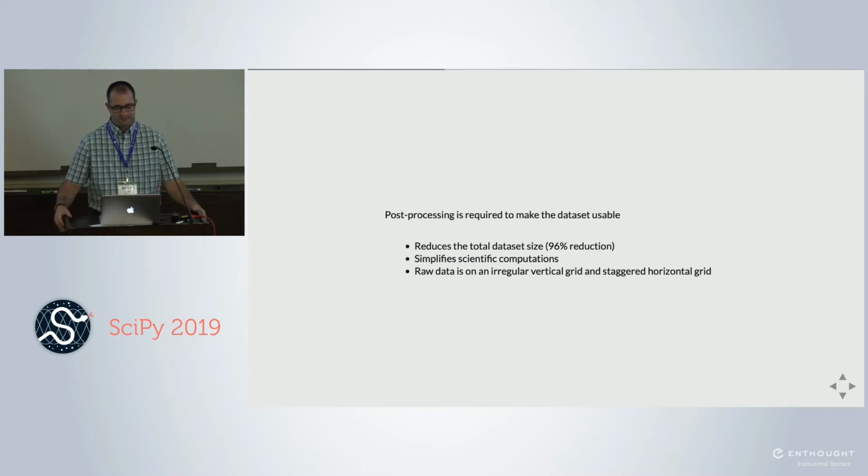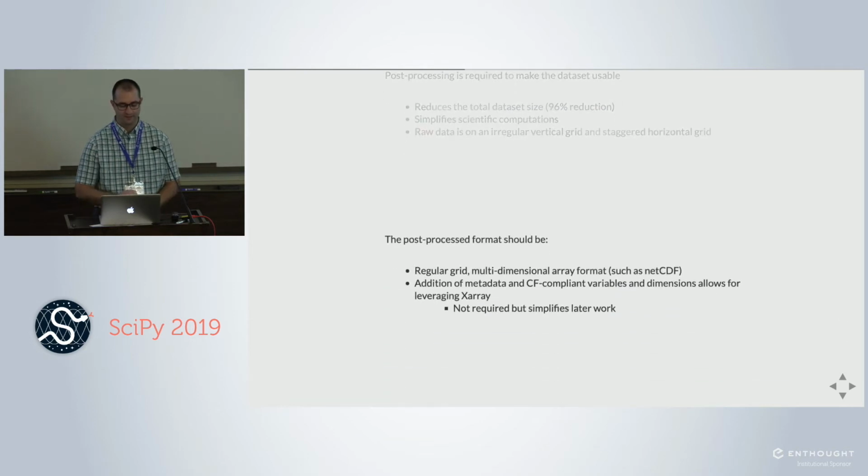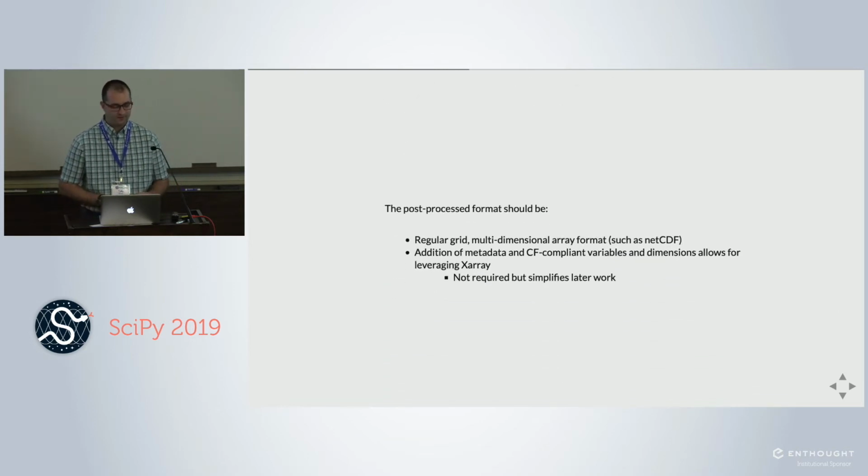By post-processing, we can reduce the total data set size, in this case by 96%, and further simplify the subsequent scientific computations, because the initial raw data is on an irregular vertical grid and a staggered horizontal grid, and by interpolating that to something more usable, it makes our life a lot simpler in the programming. The desired format of the post-processed data should be something that has a regular grid and is in a multi-dimensional array format.